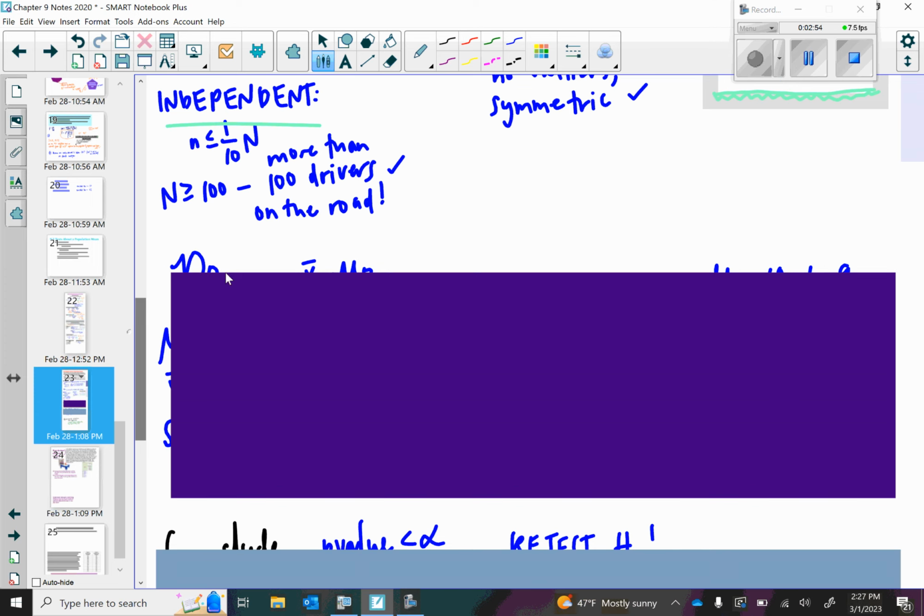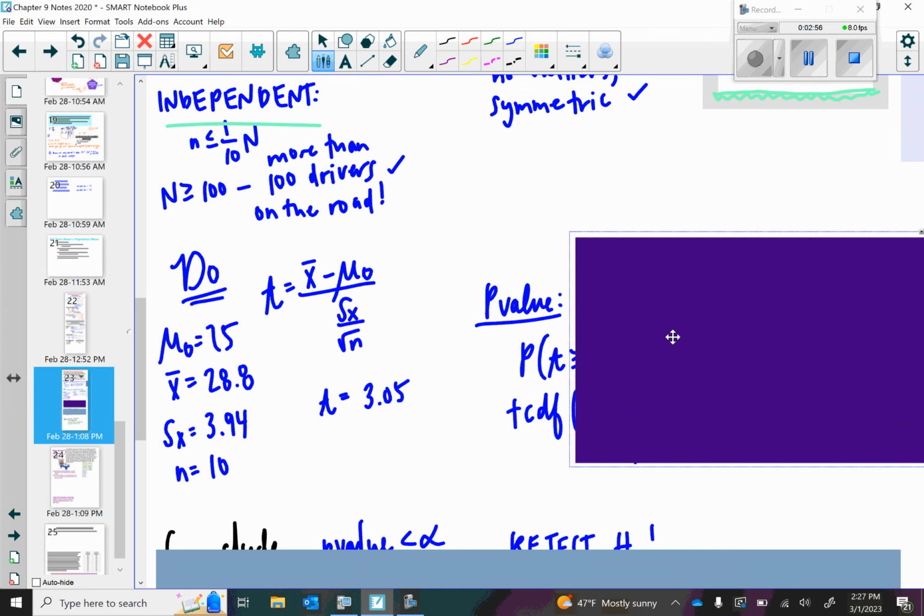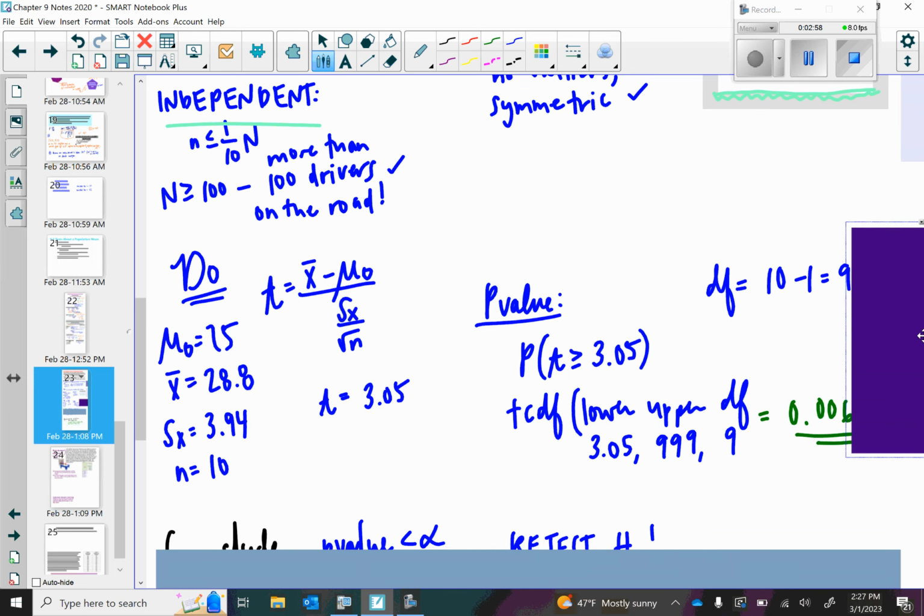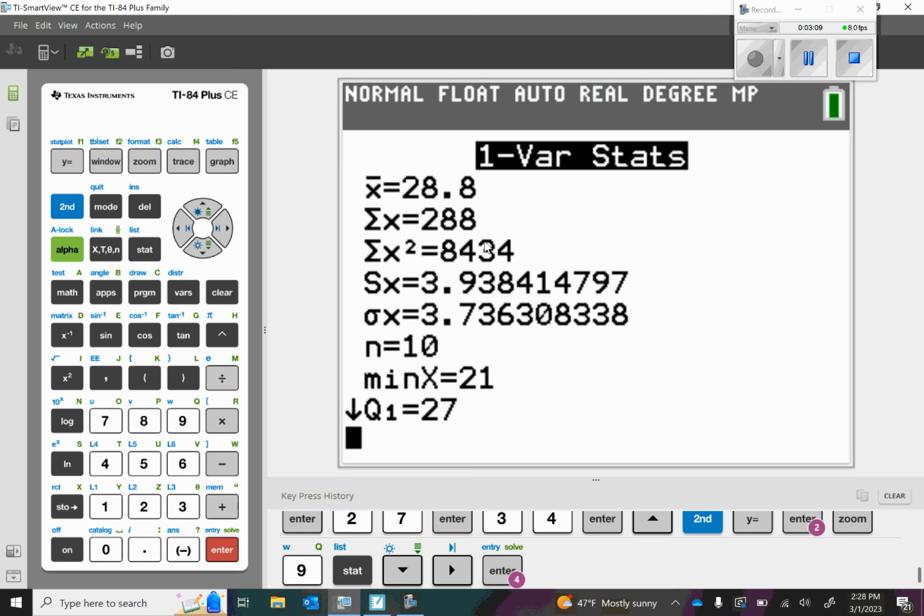In our do, we are going to calculate our test statistic and a p-value from that test statistic. In this case, we were not given the mean and standard deviation, we were simply given the sample, which means, yes, you do have to go back to our one variable statistics.